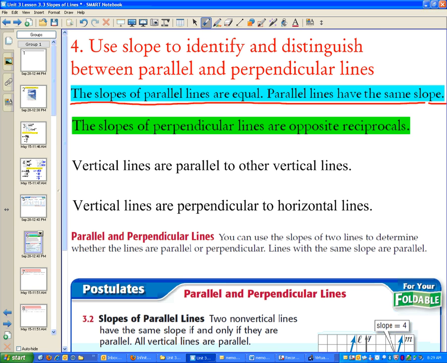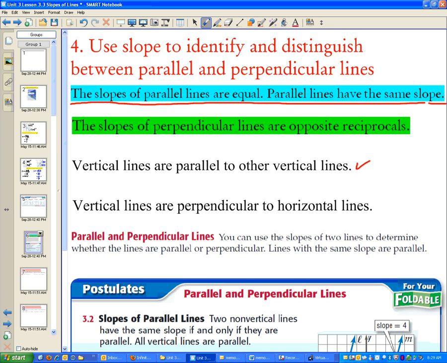Because what's the slope of a vertical line? Undefined. And it's not mathematically correct to say that undefined equals undefined. When you take calculus, you'll understand why. Okay? But it's not. So that sentence really is true only for non-vertical lines. So we have to point out that vertical lines are parallel to other vertical lines.